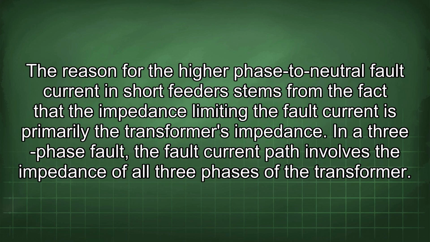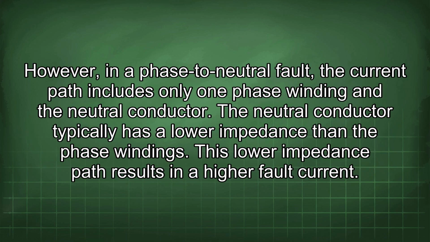The reason for the higher phase-to-neutral fault current in short feeders stems from the fact that the impedance limiting the fault current is primarily the transformer's impedance. In a three-phase fault, the fault current path involves the impedance of all three phases of the transformer. However, in a phase-to-neutral fault, the current path includes only one phase winding and the neutral conductor.